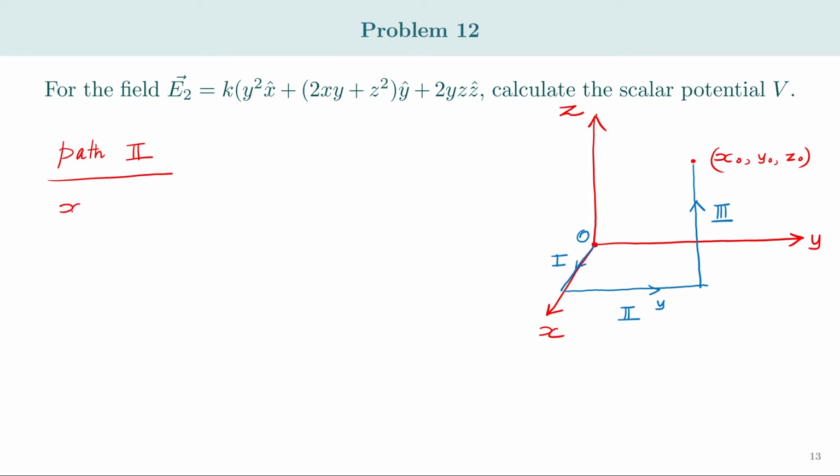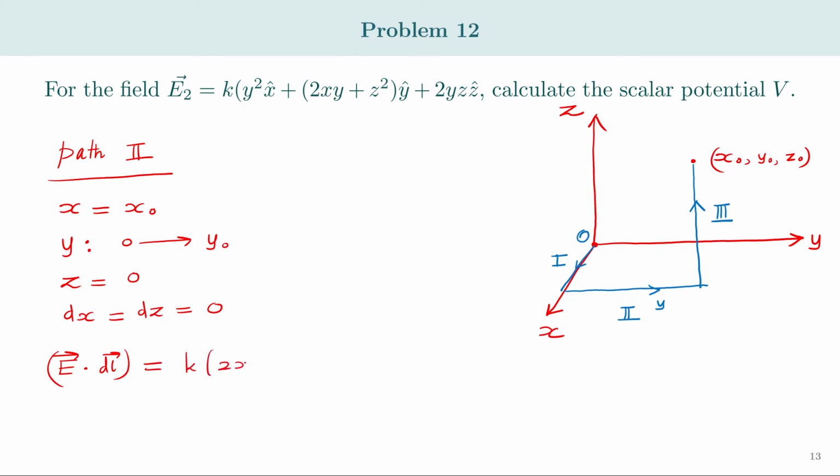We know that for path 2, x equals x0, y changes from 0 to y0, and z is 0. From this we have dx equal to dz, which is equal to 0, and the line integral E dot dl is equal to k times (2xy + z²) dy, which is equal to 2k x0 y dy.